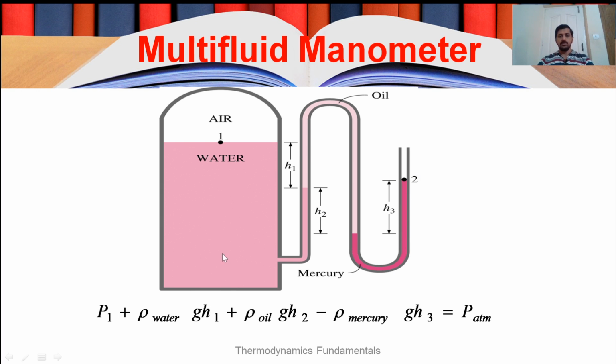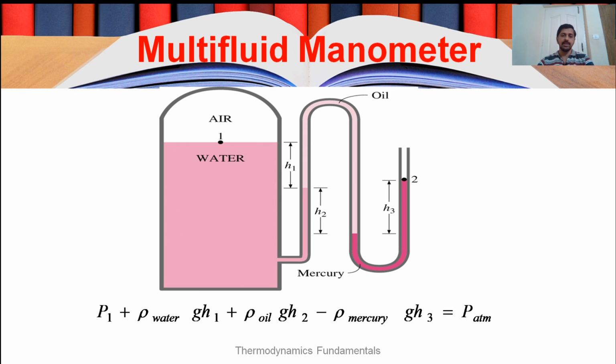So the analysis is like this. We are starting either from 1 or 2. So let us start from P1. P1 plus rho of water g into H1. This point here and the same point inside this tank will be experiencing the same pressure. So if you analyze the pressure for this vertical distance and the vertical distance inside this column, it will not make any difference.